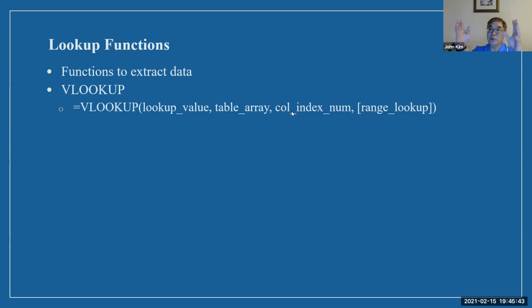In the lookup table, which column to substitute, and then one more, range lookup. Okay, VLOOKUP: target lookup value, look at this one, and then in the lookup table, substitute with column number 3, and then true or false. I will explain this one with an example.